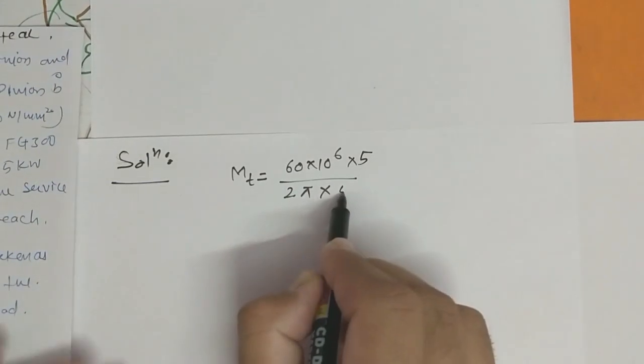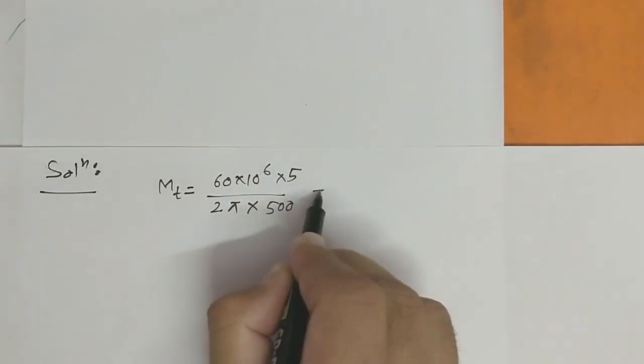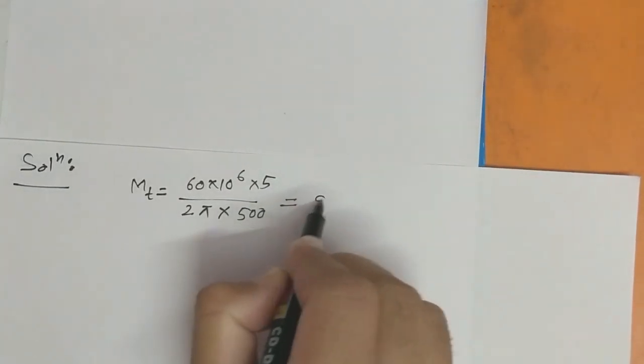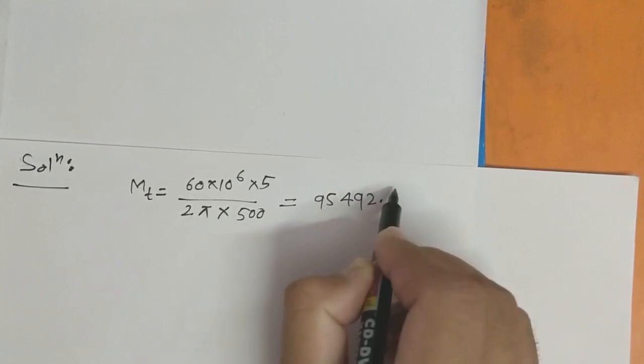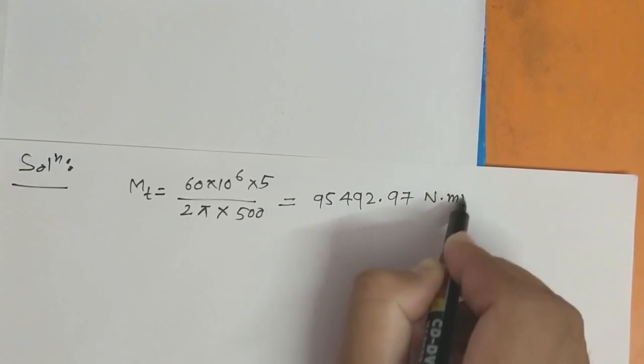So this will turn out as 95492.97 Newton mm.